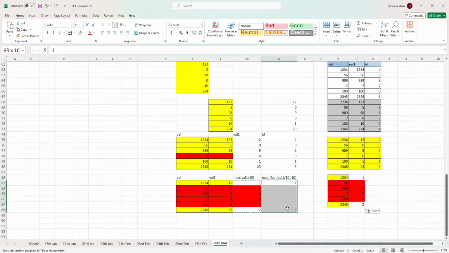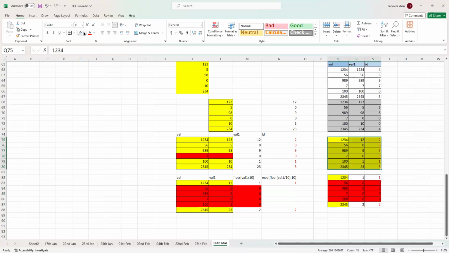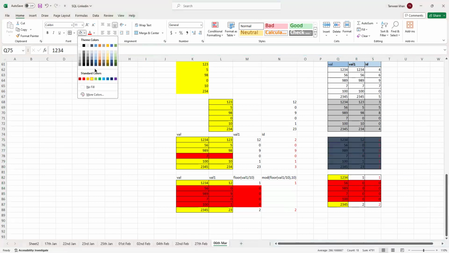And this will be the ID. Is this clear, everyone? Yes. This will be 0 only. So now this is the new set of data, and this is the previous set of data. Now, hope you also understood how the recursive CTE works, right?